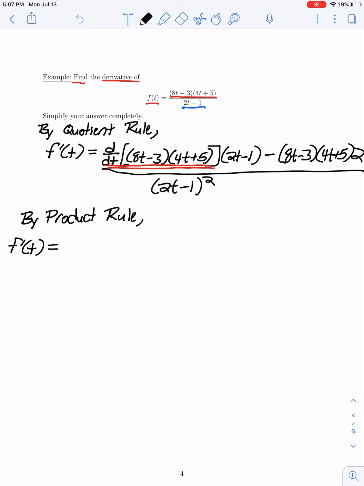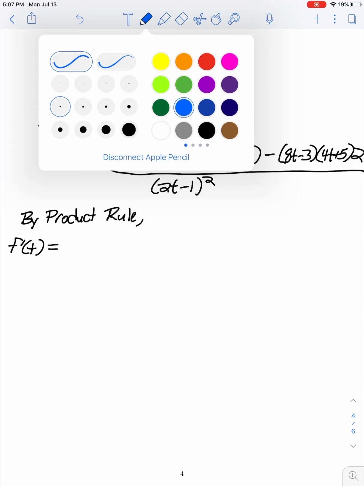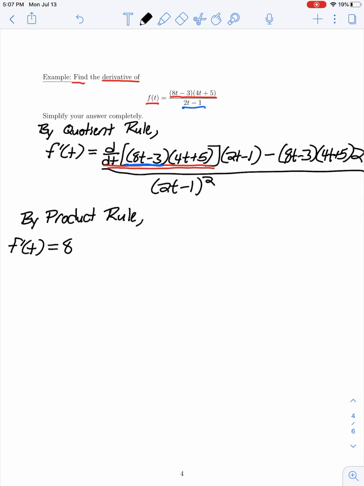So recall the product rule says you first take the derivative of the first function in your product, so in this case 8, times the second function in the product, 4t plus 5. Then we add the first function, 8t minus 3, times the derivative of the second function, which was 4.